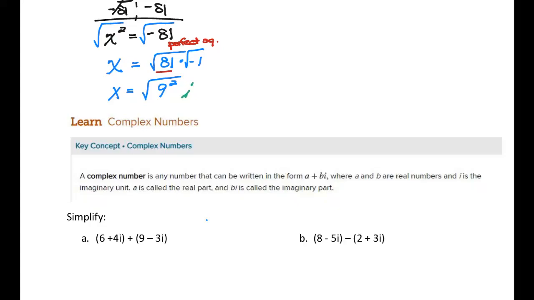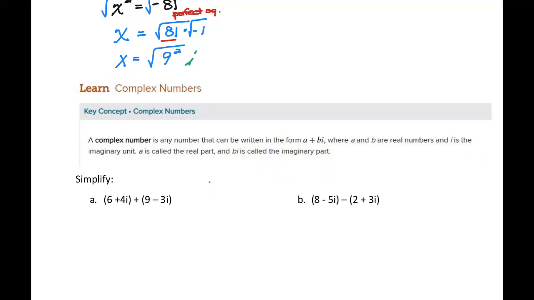times i. Now, here's the slightly weird thing. Usually when we take the square root, we always want the positive value. I can't remember what that is called, but we usually want the positive value. But we also know we can take the negative value too.